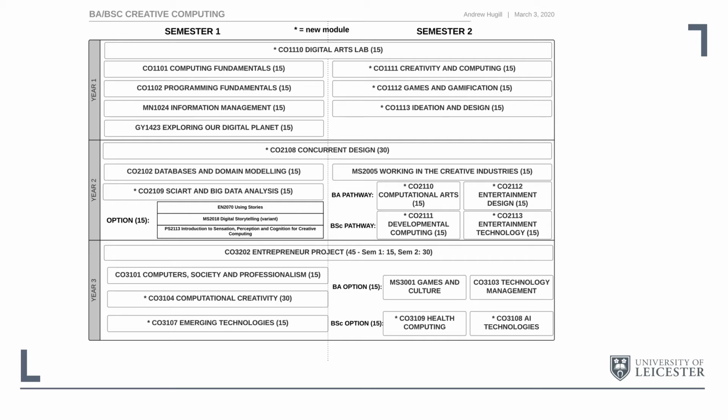And whereas in the first two years we're looking at the ways in which humans can be more creative with technology, now we're talking in computational technology about the computers themselves being creative, to what extent that's possible and to what extent computers can actually generate valuable creative work.